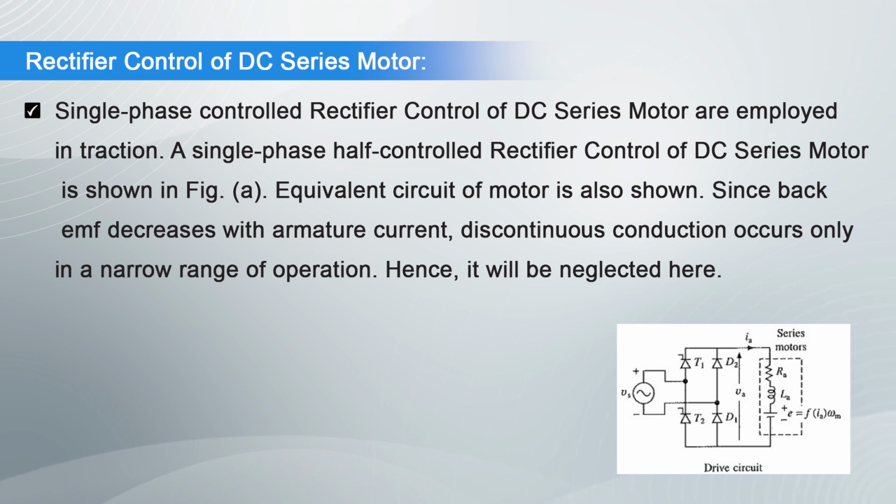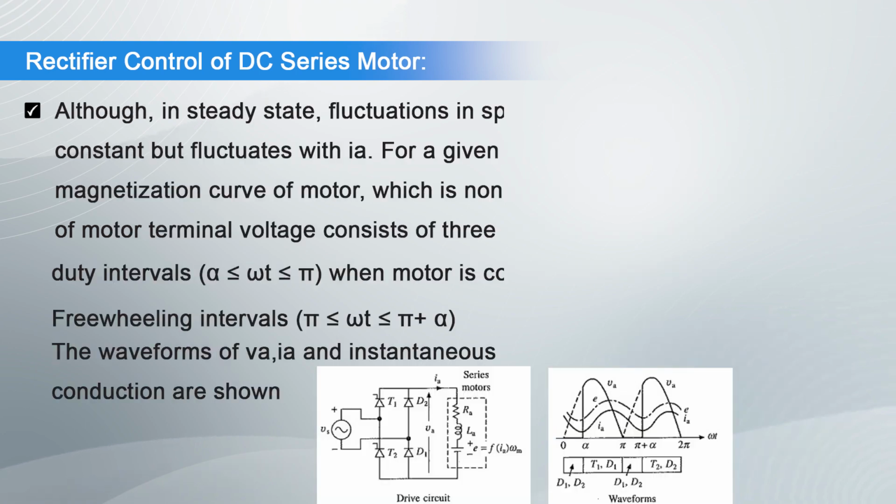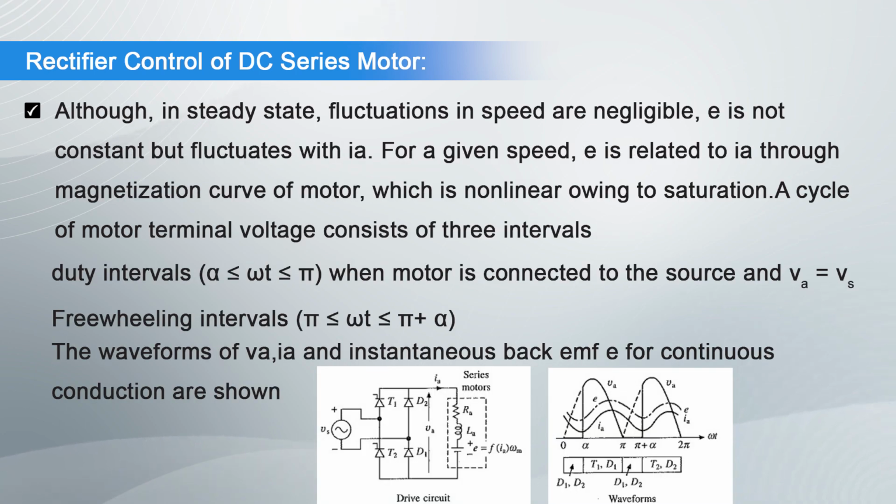Hence, it can be neglected. Although in steady state fluctuation in speed is negligible, the back EMF E is not constant, but fluctuates with armature current I A. For a given speed, back EMF is related to I A through the magnetization curve of the motor, which is non-linear owing to saturation.